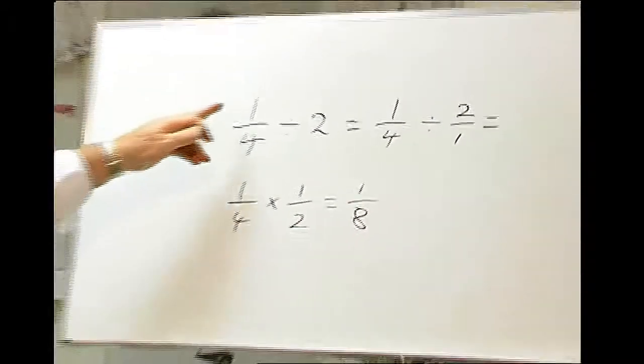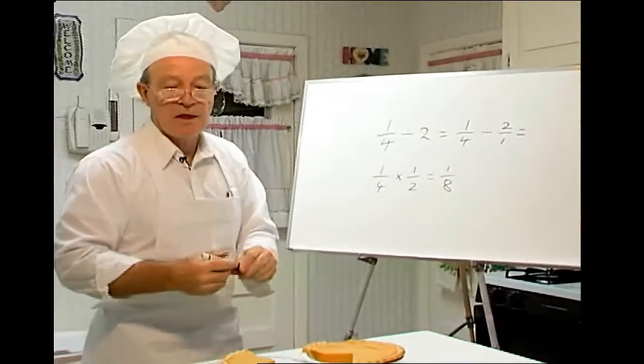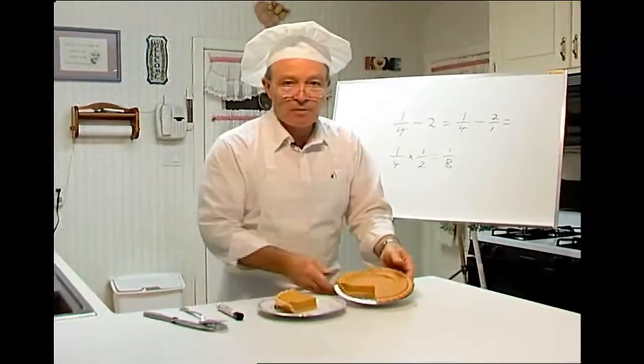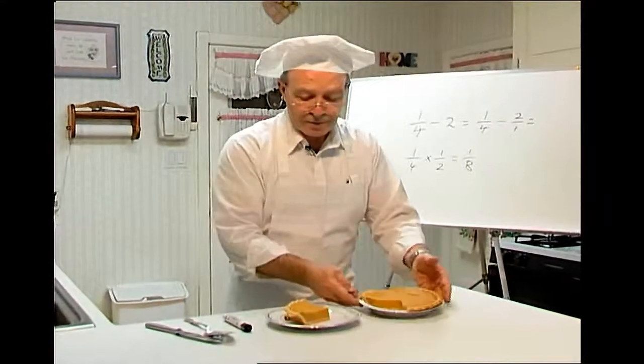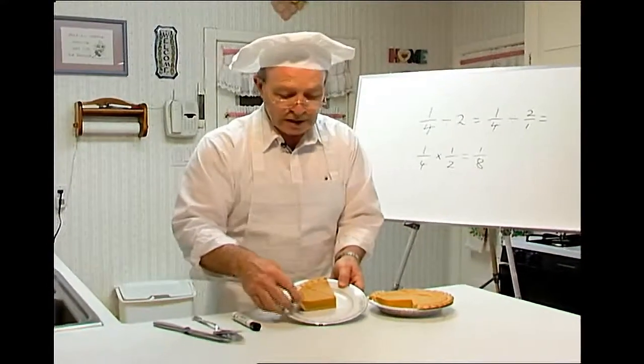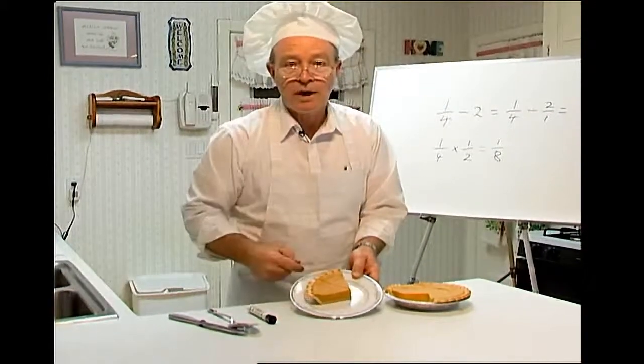So as you can see, 1/4 divided by 2 equals 1/8, and as we demonstrated on this pie, there's the 1/4 slice, divided by 2 equals 1/8.